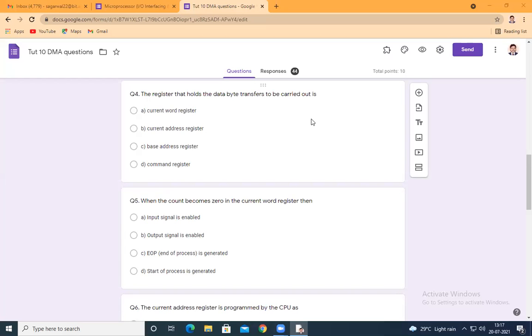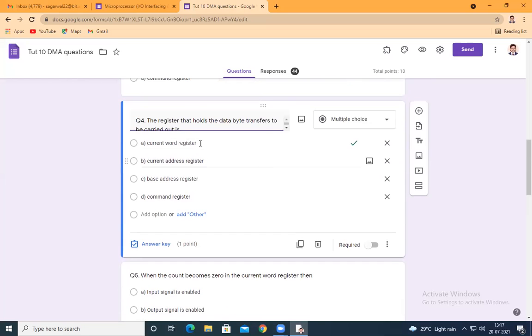The register that holds the data byte transfers to be carried out, that is, the register which contains the data bytes to be transferred, is available in which register?